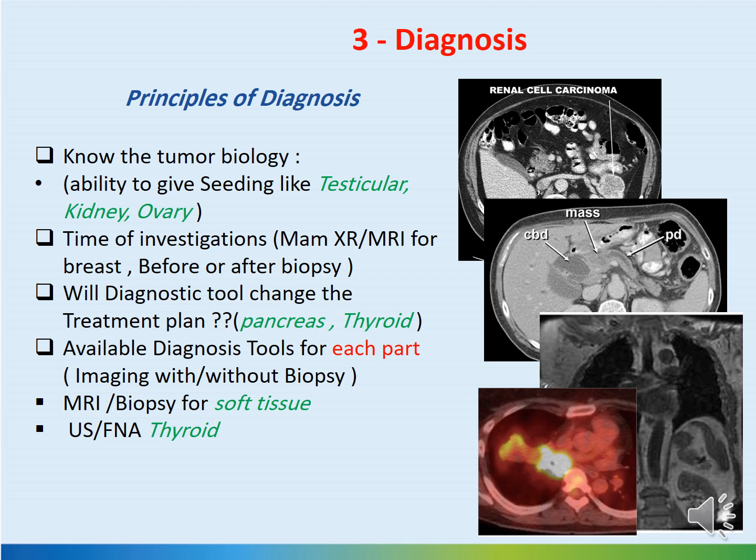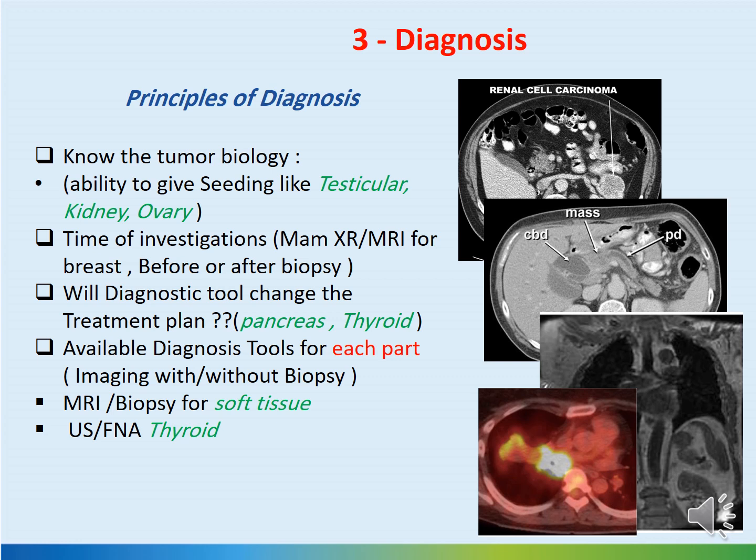Because sometimes when we start with biopsy and then do the mammogram, we will not obtain a clear picture, or the needle biopsy could change the character of the mass, which we need to know exactly. So in this type of cancer or malignancy, we have to start with the investigation, then go for the biopsy.